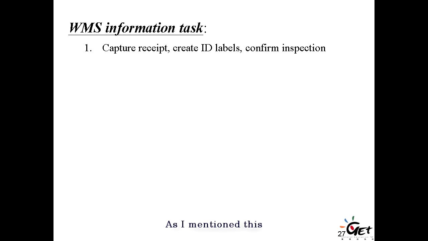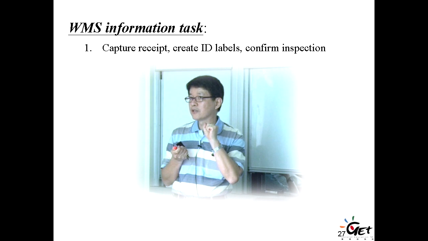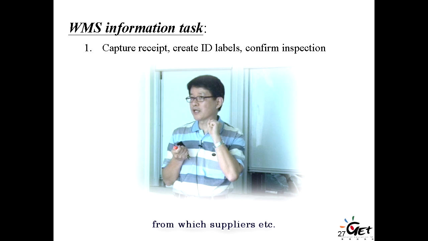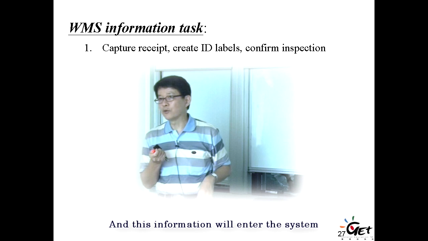So as I mentioned, this warehouse management information system in the goods receiving function can capture information from the receipt. Okay. So how many items arrived from which suppliers, etc. And this information will enter the system.